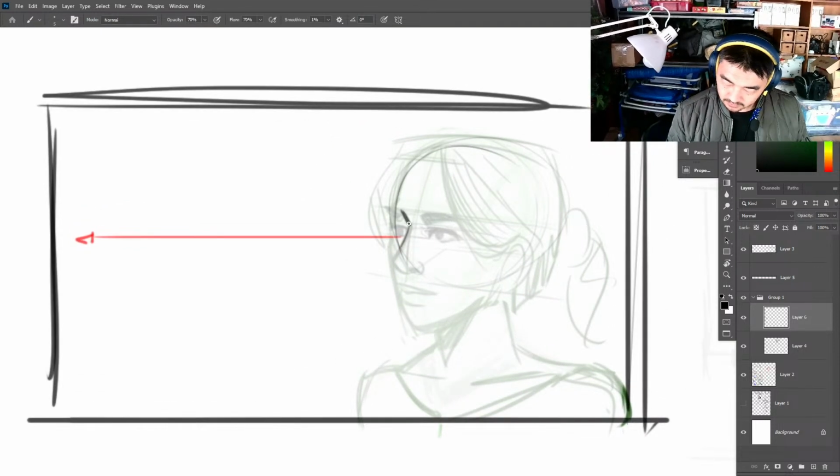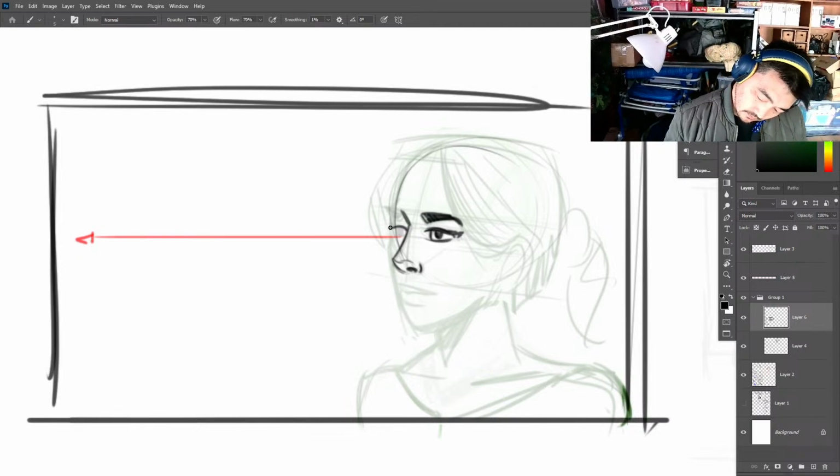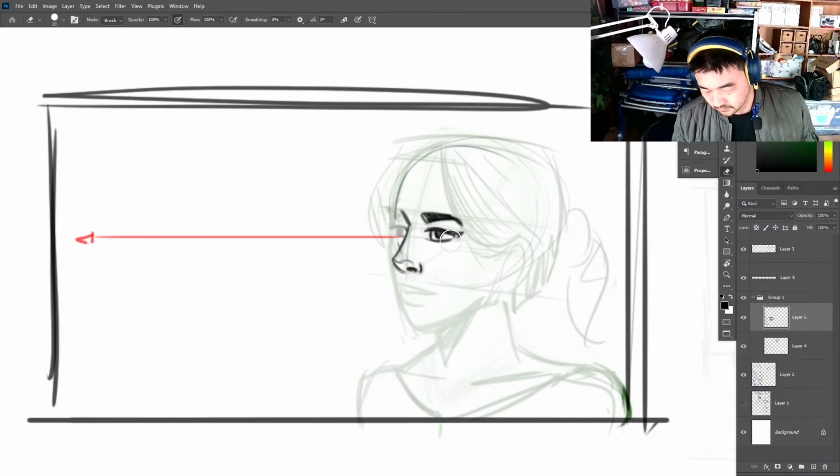Again, even when I'm cleaning up drawings, I like to keep it loose. Working. And when things don't work, then you've got to break it back down.